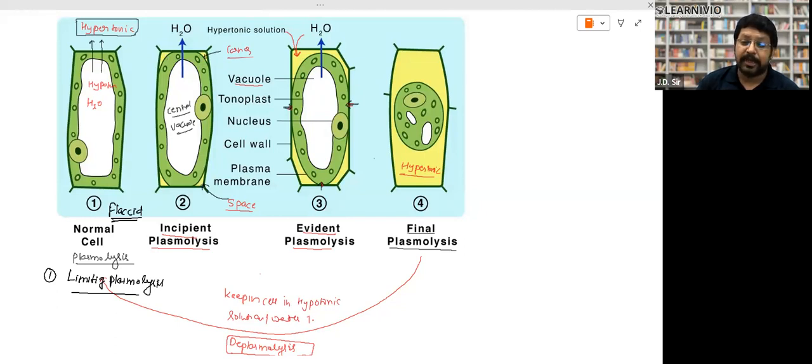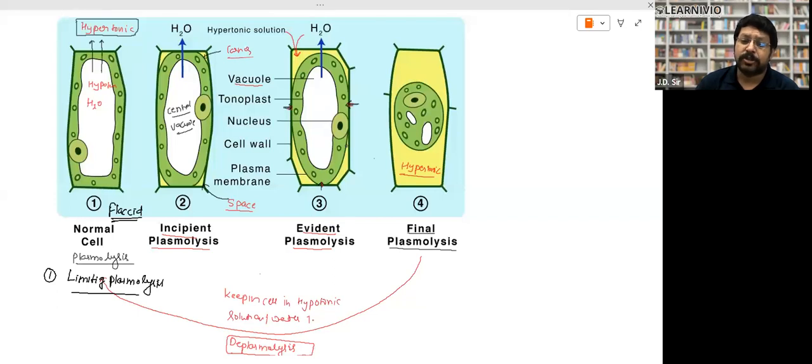So space will be there between the plasma membrane and the cell wall. The plasma membrane is coming out of the corner, and this space will get filled with the hypertonic solution. When the plasma membrane leaves the corner, this is called incipient plasmolysis.